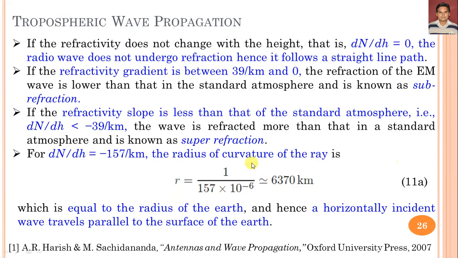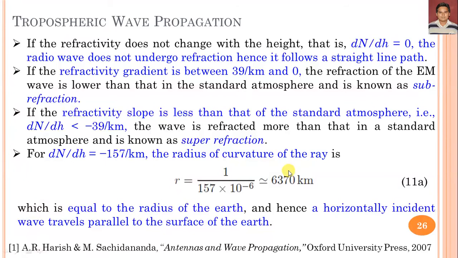Here you can see, if the value of dN/dh is equal to minus 157 per kilometer, then we can calculate the radius of curvature of the ray using expression 11a, and this is equal to 6370 kilometer, which is also the radius of the earth.